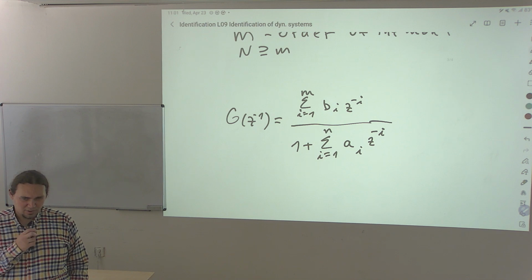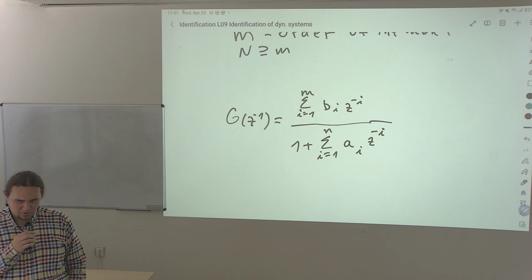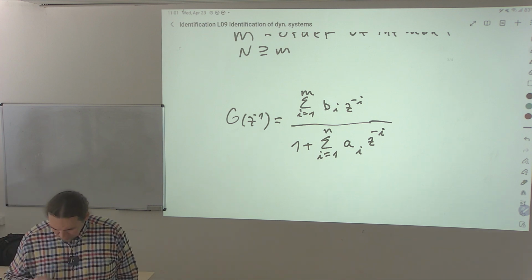Right, this is a sort of transfer function that you have seen in your theory of automatic control.